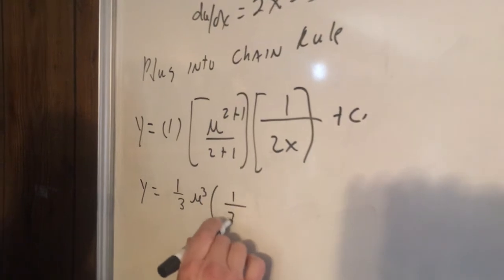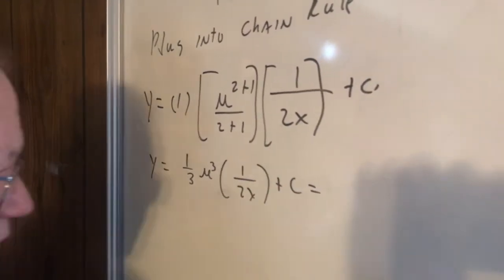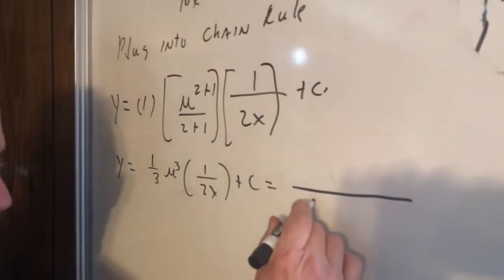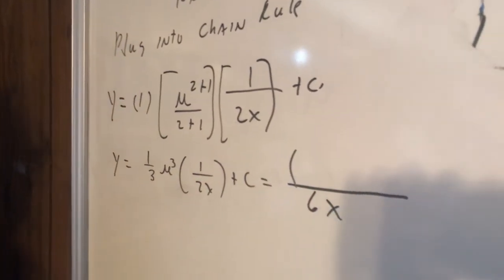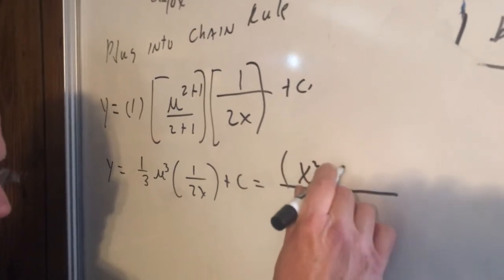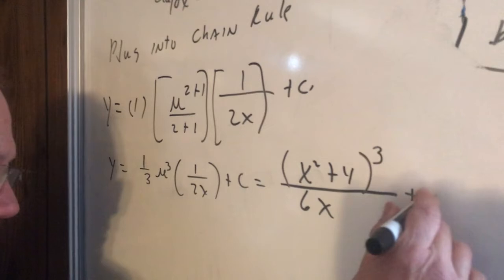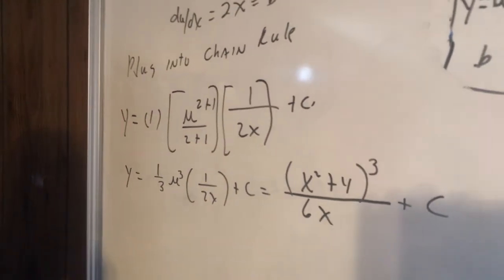Notice the 2x hasn't canceled. Plus c. So, okay, this is going to be 1 over 6x, and u is going to be x squared plus 4 to the third. Now, this x should have canceled.